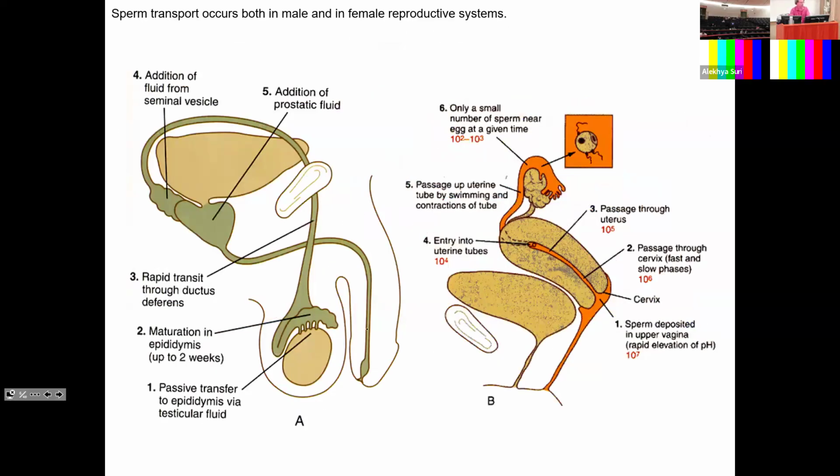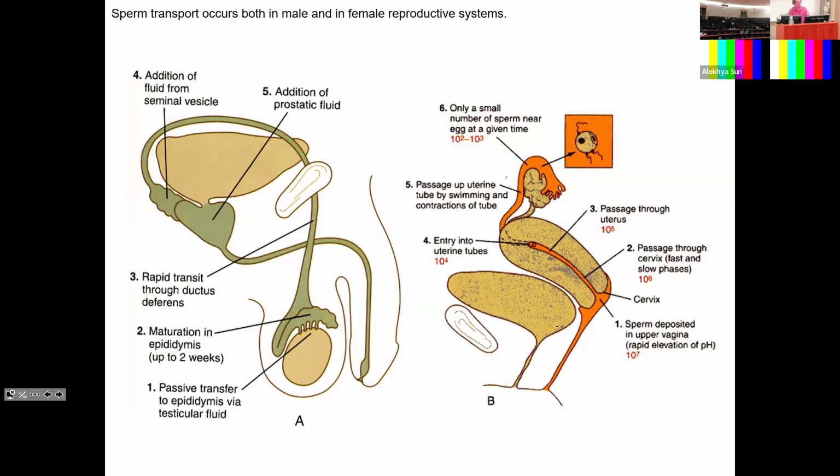Okay, so there is maturation of a sperm also, which is a very specialized cell, and that occurs at the epididymis during the first 2 weeks. Then the sperm cells travel and they are being added with fluid from the seminal vesicle, and fluid from the prostate. And all these components are essential for the sperm to be released, and also for survival in the maternal tract.